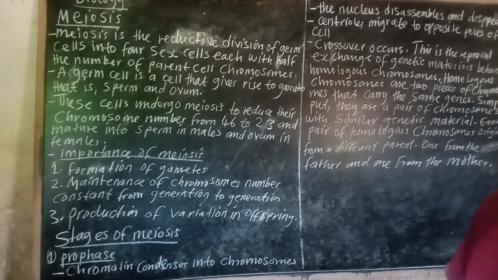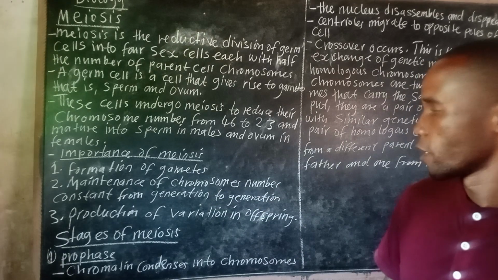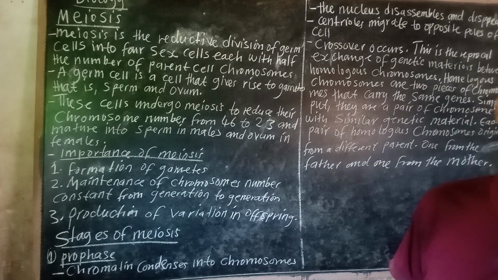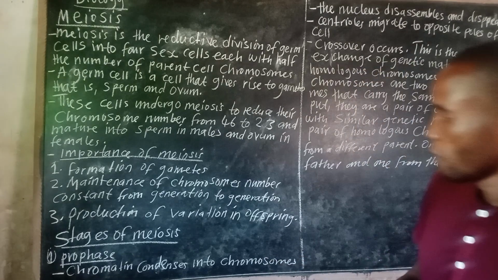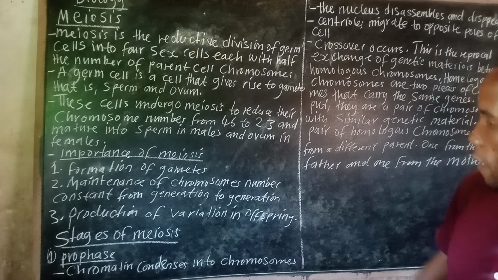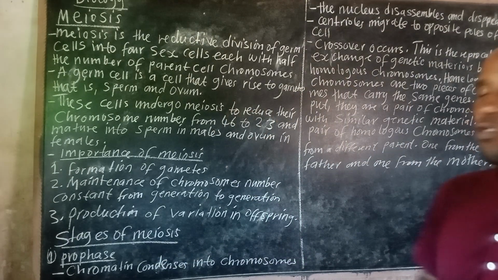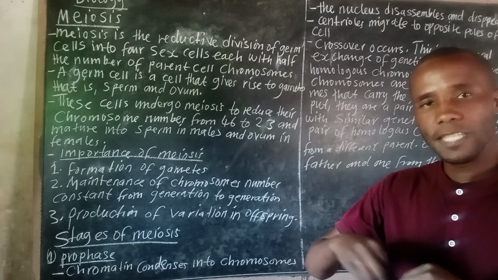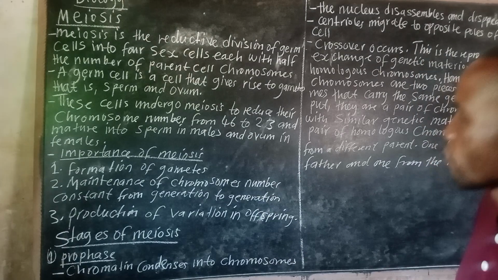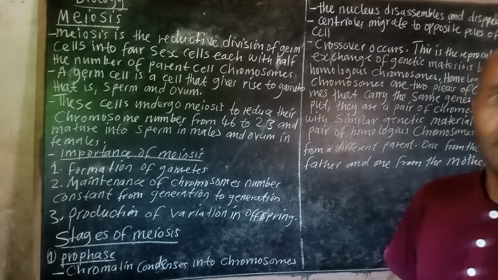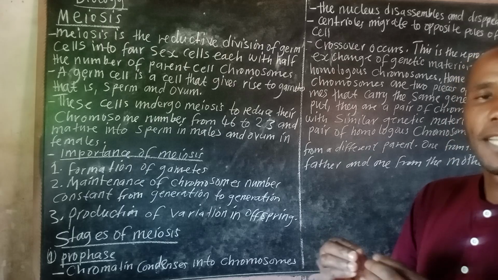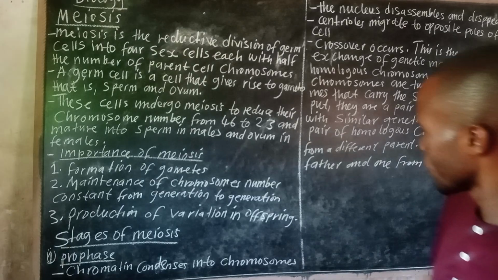Then let us also look at the stages of meiosis. One of them is prophase. Just like in mitosis, there is also prophase. Under prophase, the chromatin condenses into chromosomes. Chromatin is actually found inside the nucleus of a cell. So those chromatin condense to form what?